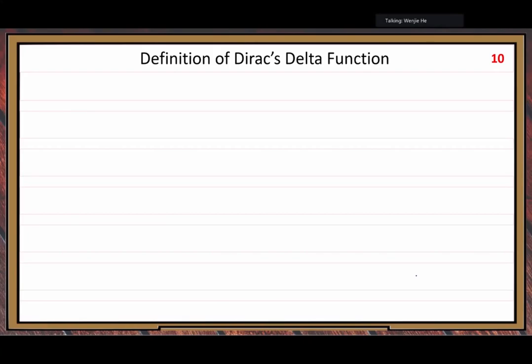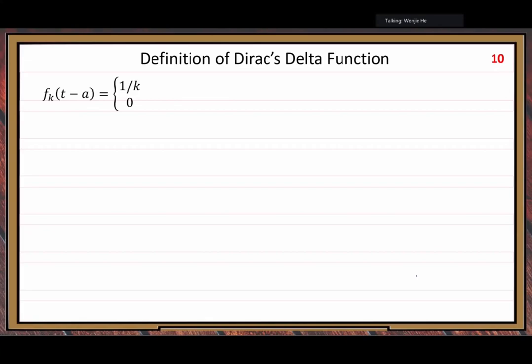So first, let me explain this function. When we define this Dirac's delta function, we do not define it directly, because if we define it directly, it's very hard to understand. So we define it indirectly.